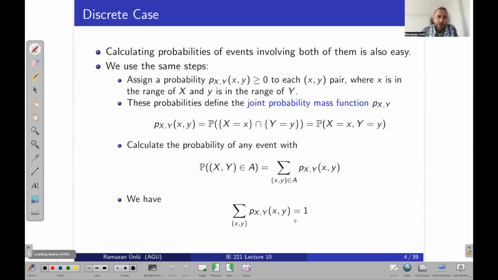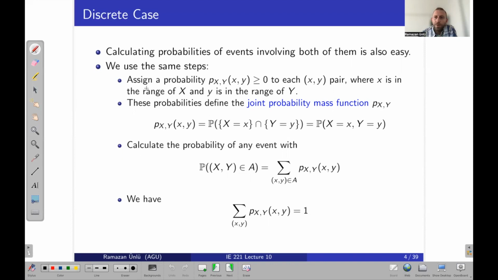Now, calculating the probabilities of events involving both of them is also easy. In this case, instead of one random variable, we have two random variables, x and y.